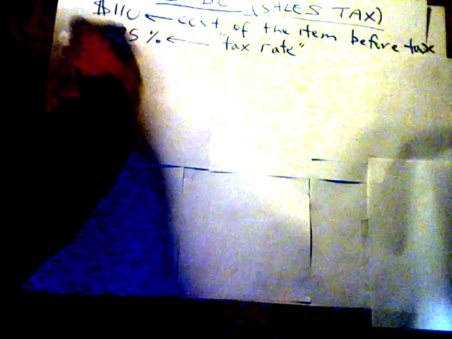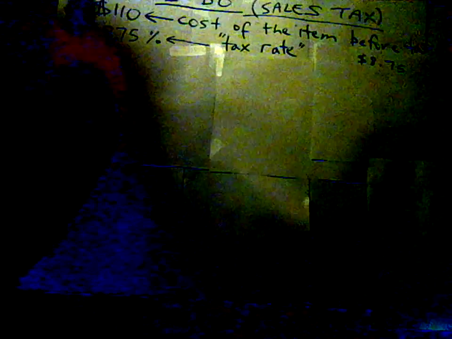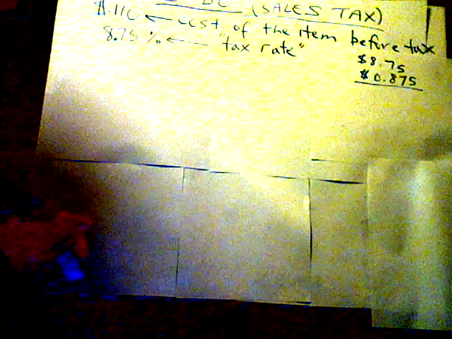So now I can predict this. I know that for every $100 I spend, I'm going to spend $8.75. And for every $10 I spend, I'm going to spend $0.875, which is actually 87.5 cents.